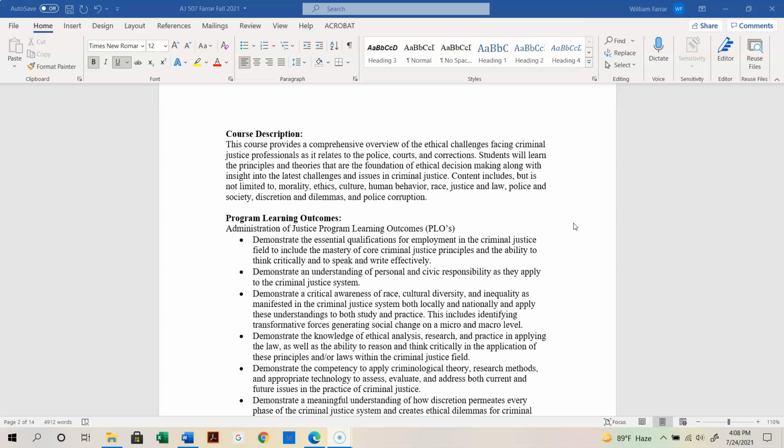Some of the content is going to include, but is not limited to, morality, ethics, culture, human behavior, race, justice and law, police and society, discretion, dilemmas, and unfortunately sometimes police corruption. We're going to take a look at all of that. So again, a lot of content to cover in this particular program. But you're going to learn a lot, and it's going to be awesome.